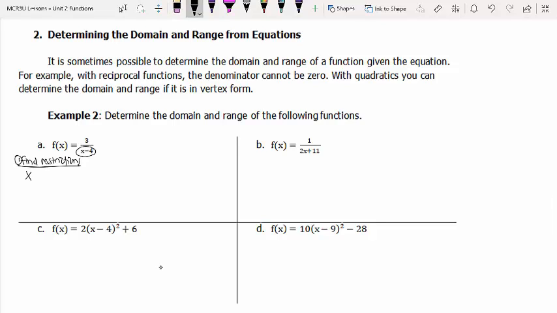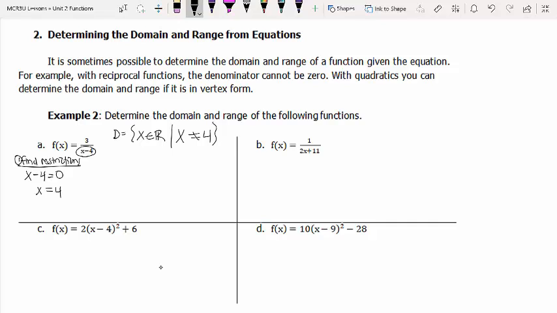So what can x not be? So our first restriction is that x cannot be 4. So we know our domain is x is an element of all real numbers as long as x is not 4. So that must mean that that vertical asymptote is at 4. For our range, we're going to have a horizontal asymptote. And if you remember, on the base graph on the last page, it was at 0.